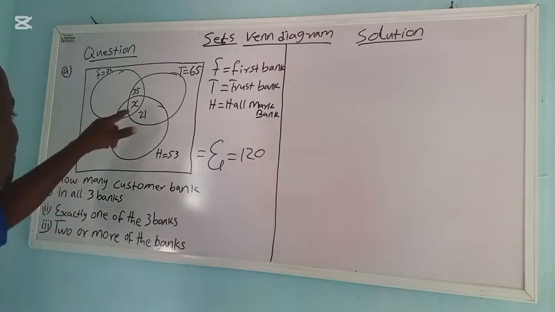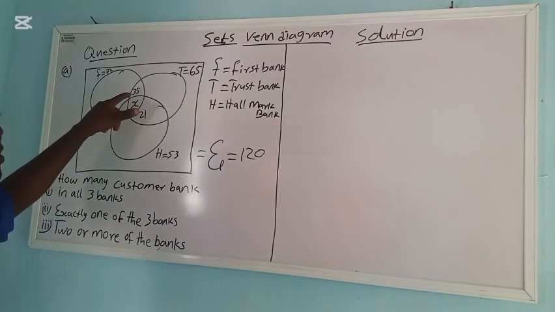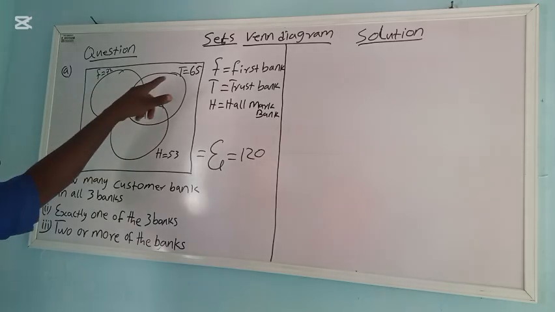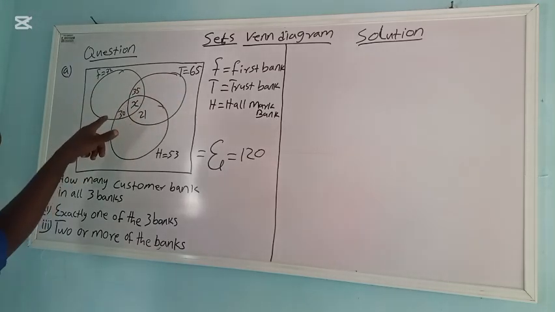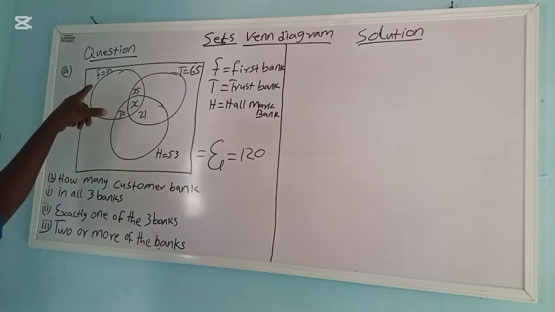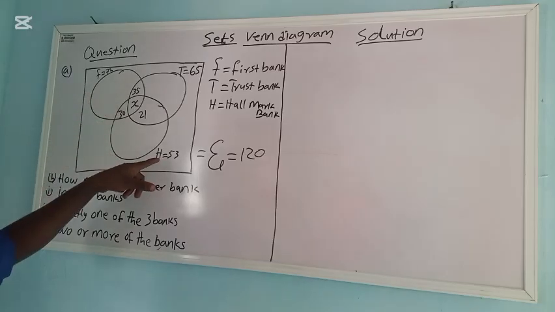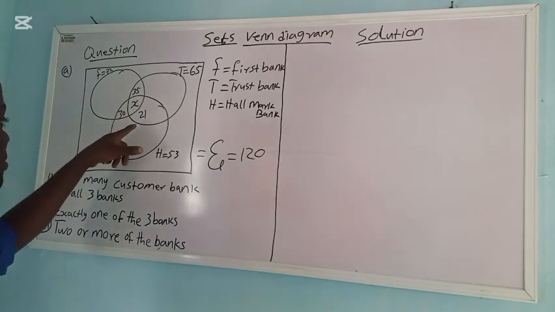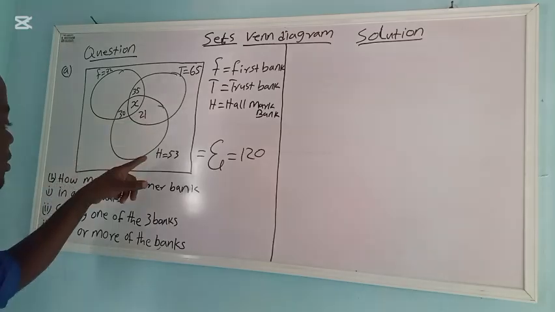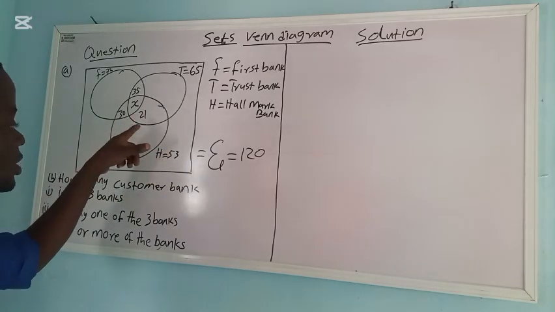Now they ask us to find this one. People that use First Bank and Trust Bank, 35. People that use First Bank and Hallmark Bank, 30. And people that use Trust Bank and Hallmark Bank, 21.